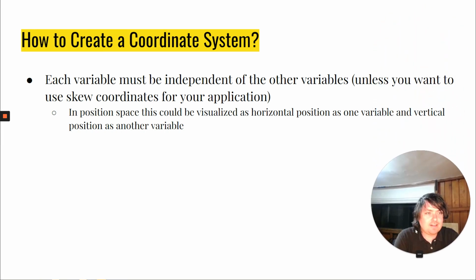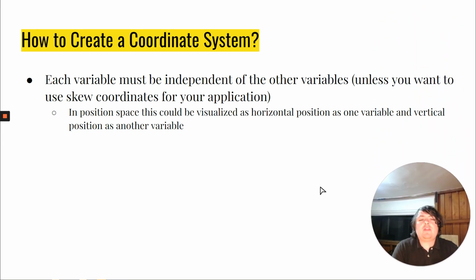Okay. All right, so then each variable must be independent of the other variables. So this makes it so that if you change along the vertical axis, you don't have to mix in a bunch of trigonometry in order to see how much in the horizontal you're affecting.